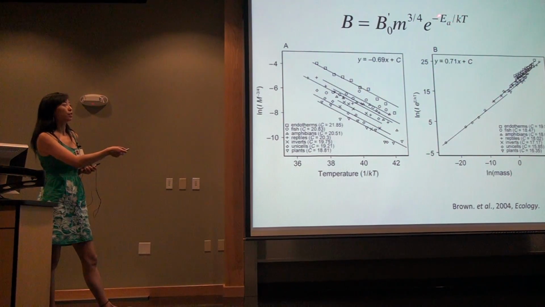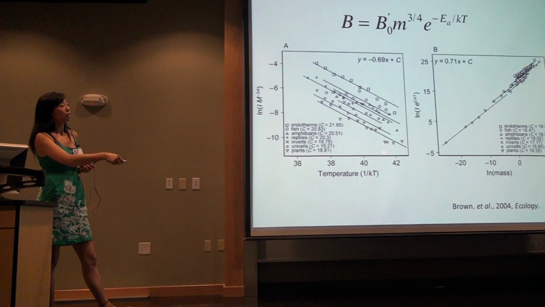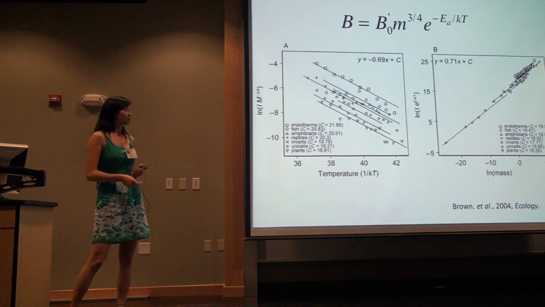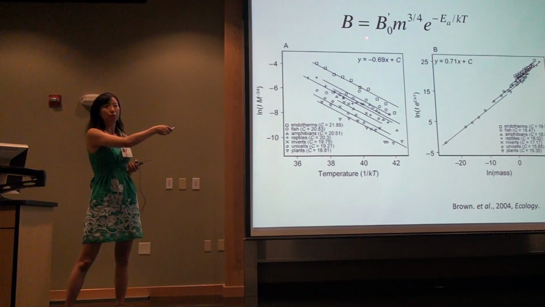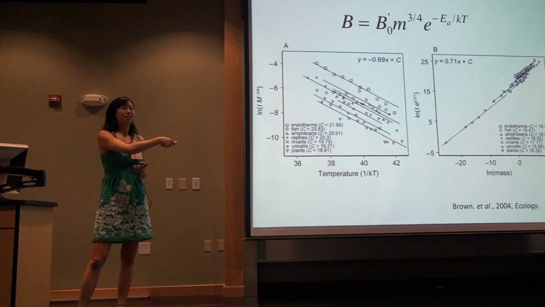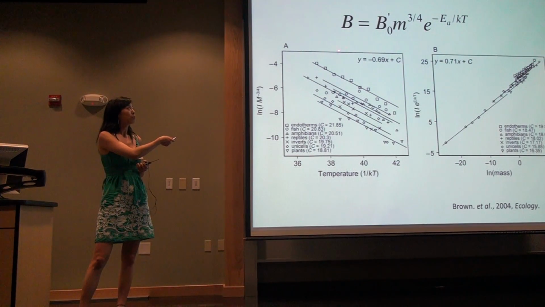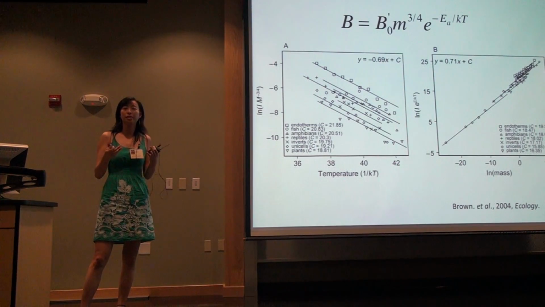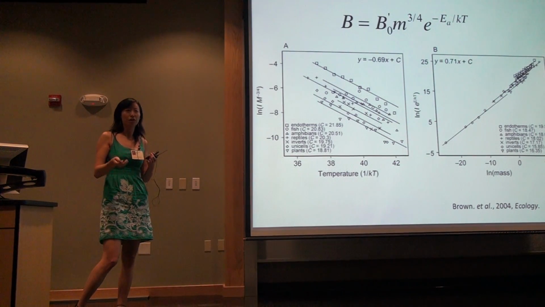And if we do the same thing for the temperature part, correcting the metabolic rate with the temperature, you can see in different taxonomic groups it scales nicely with the body size. So this is quite a simple equation, and we can use it to derive and understand a lot more complex questions.